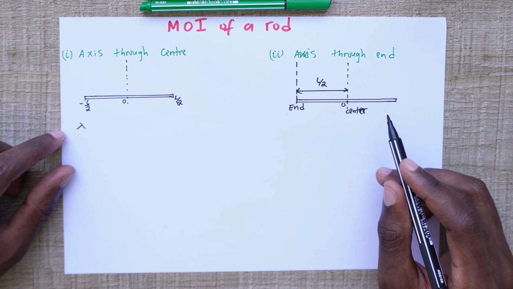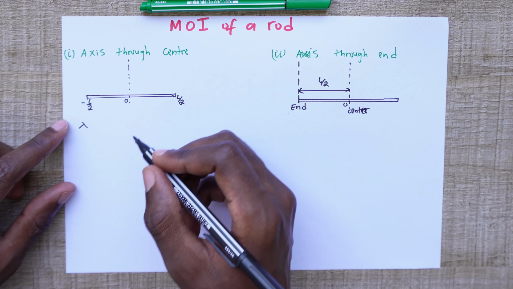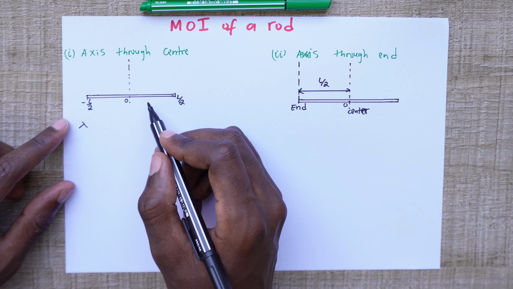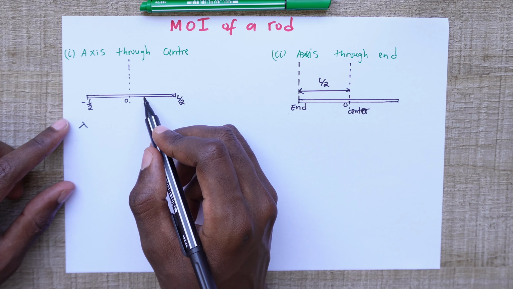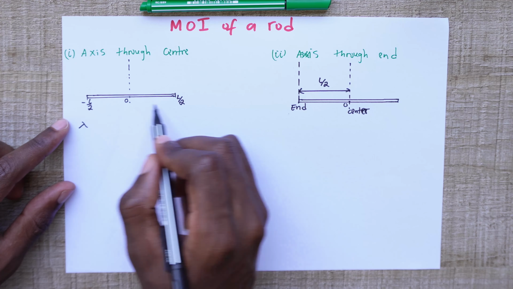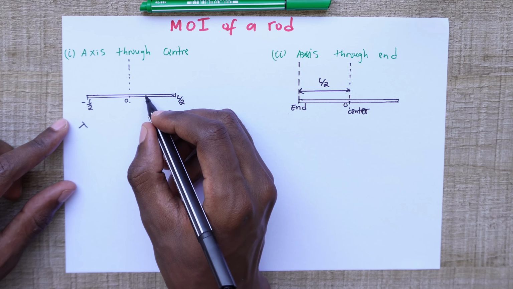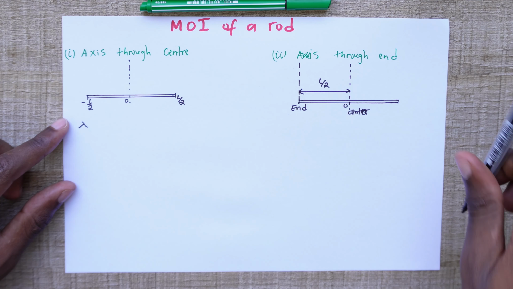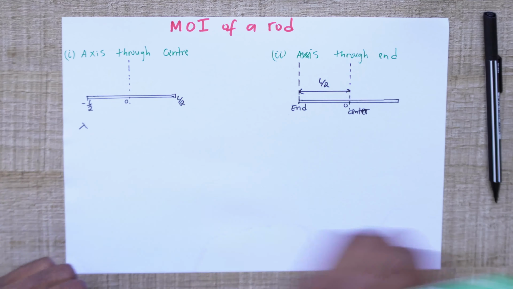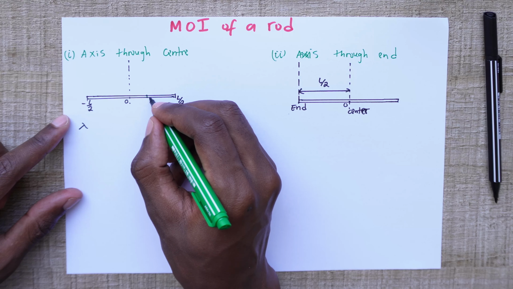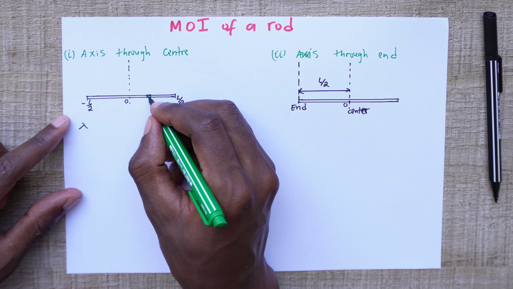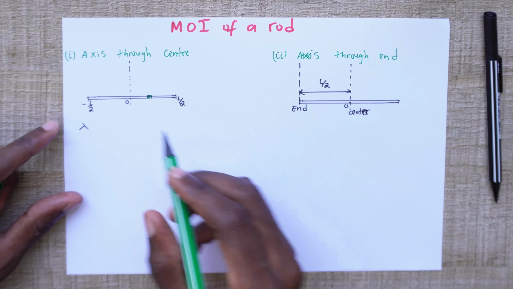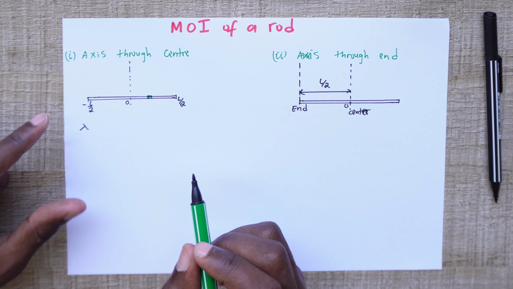So the idea here is to first choose a small element of mass of this rod. So we are going to define a tiny element. Let me maybe use another color. So let's say we choose this element, an infinitely small piece of that rod.